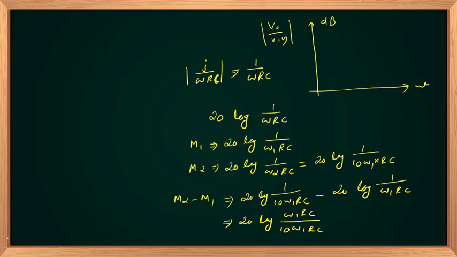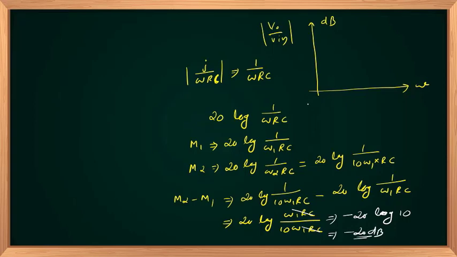Here the numerator omega 1 RC will get cancelled. So that will be equal to 20 log 1 over 10, that is minus 20 log 10, that's equal to minus 20 dB.